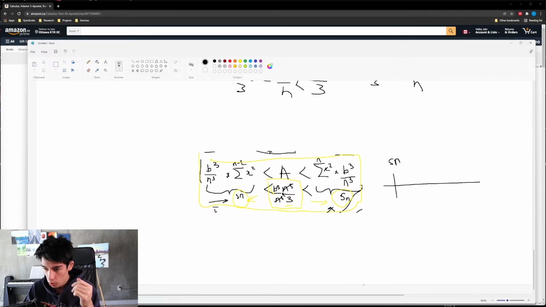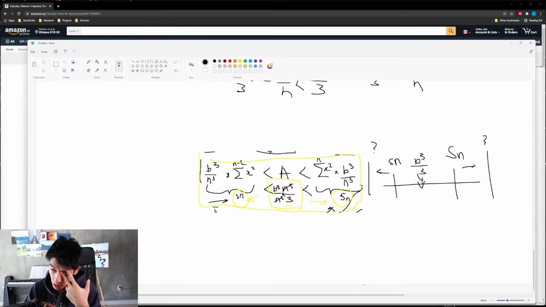We can make it more useful by taking the lower bound, b cubed over 3 somewhere here, and the upper bound of Sn, and instead pushing the upper bound out to some other value, and pushing the lower bound out to some other value that is less precise, but still holds true on the inequality.